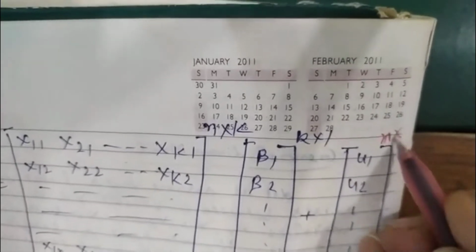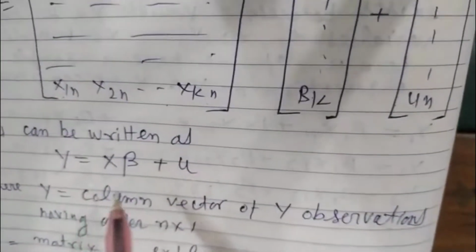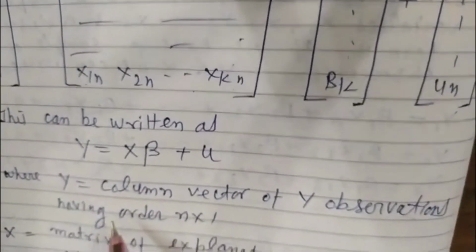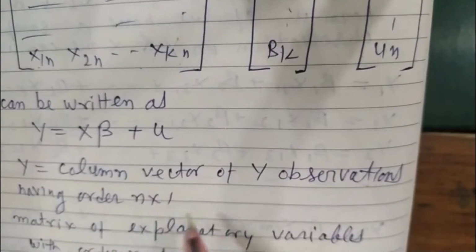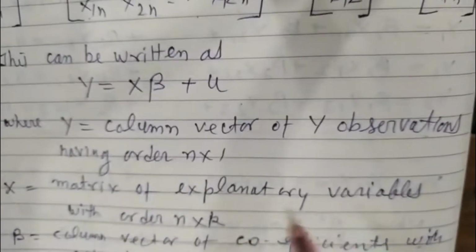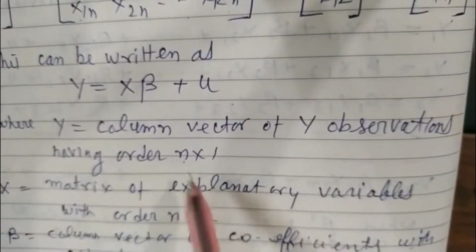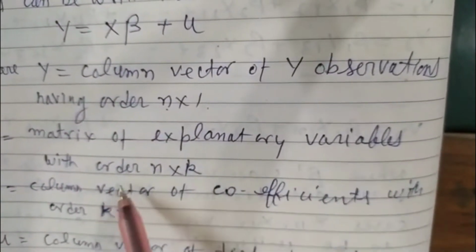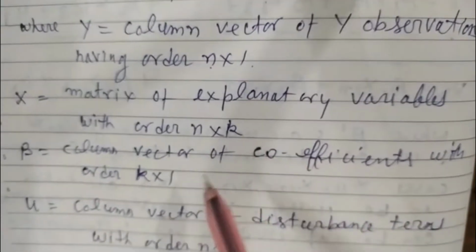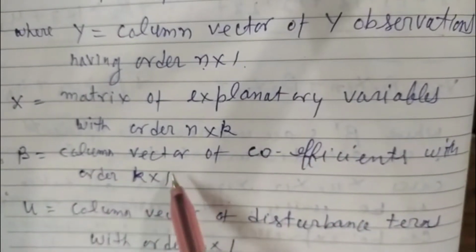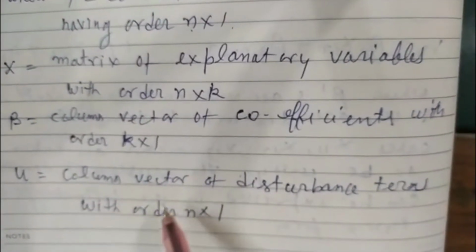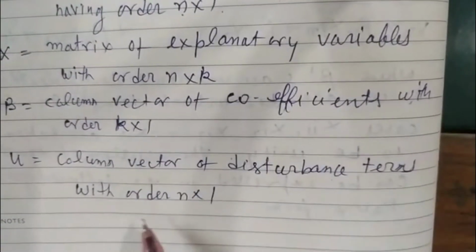The whole can be written Y equals X beta plus u, where Y is the column vector of y observations of order n by 1, X is the matrix of explanatory variables of order n by k, beta is the column vector of coefficients of order k by 1, and u is the column vector of disturbance terms of order n by 1.